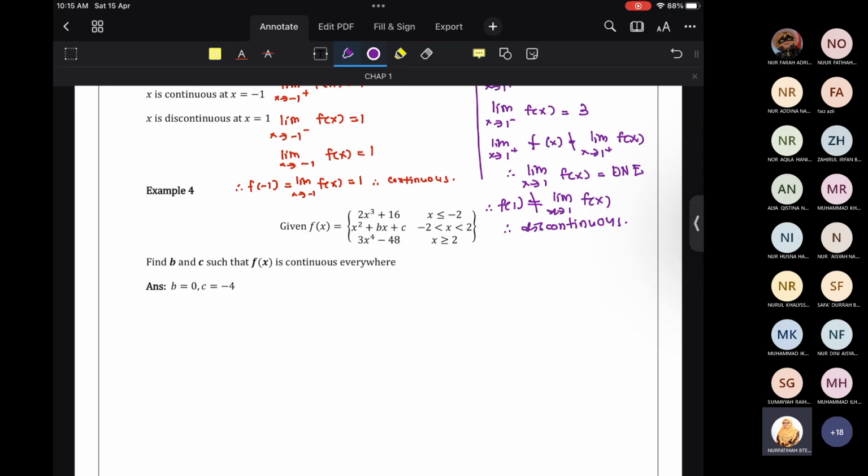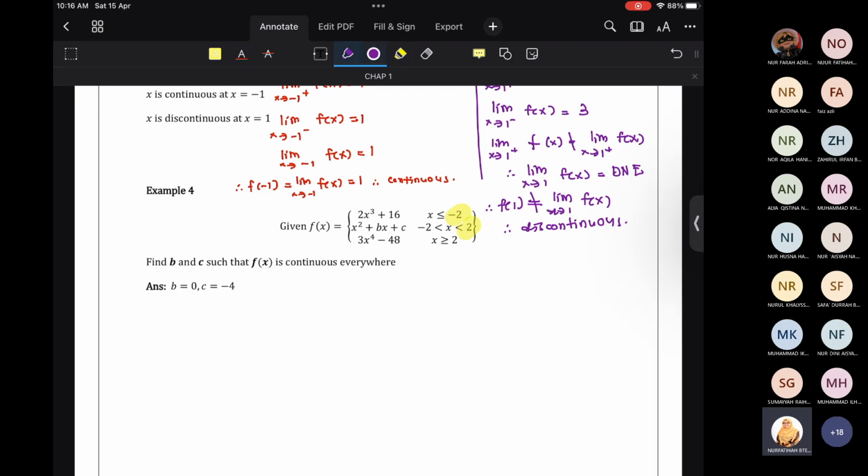Firstly, you check continuity at x negative 2 and also 2. So we check both.